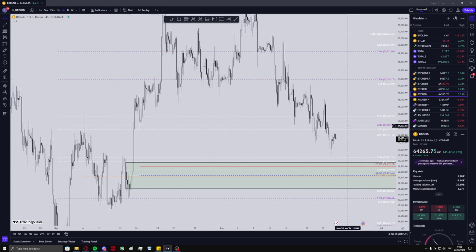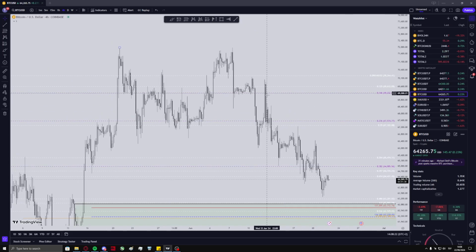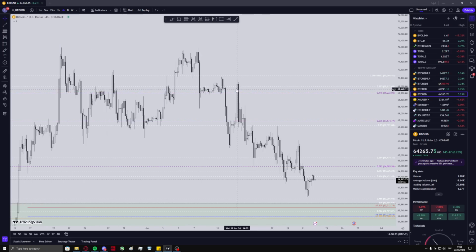So yeah, you can also use them for retests. Like they do retest. You can see this one here, retested, it closed above, but SFP'd the breakout, right? So this was just a retest in the end.